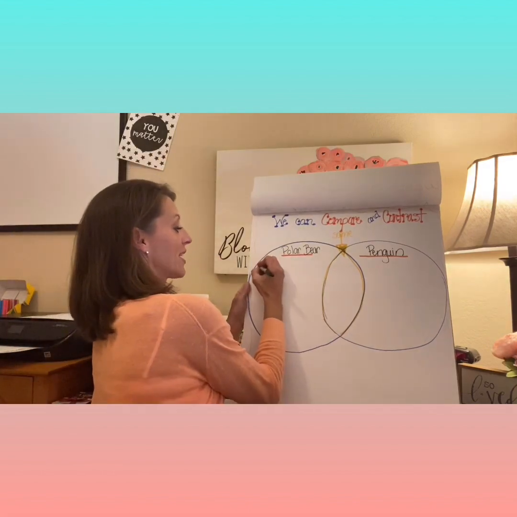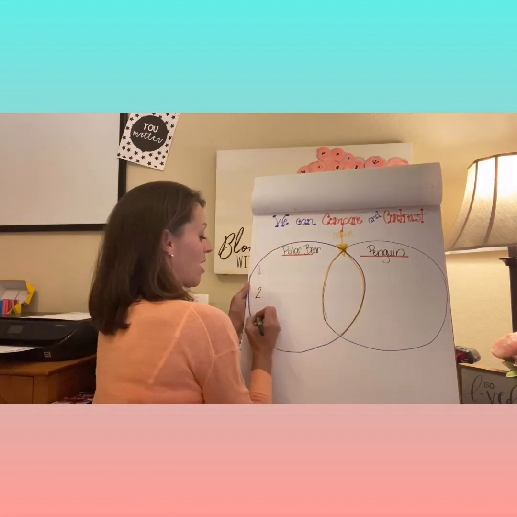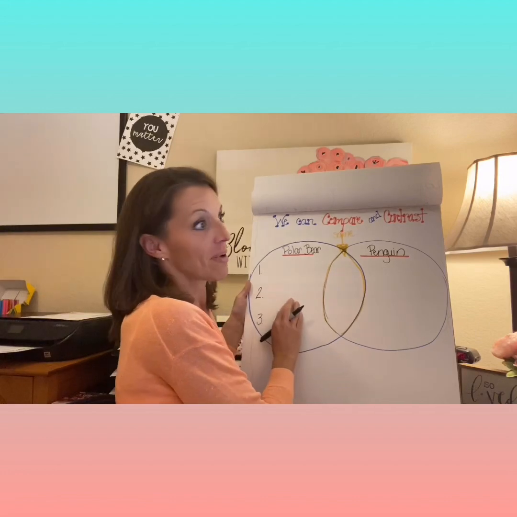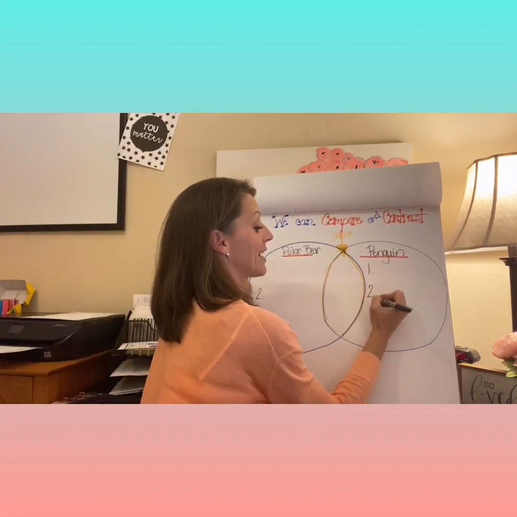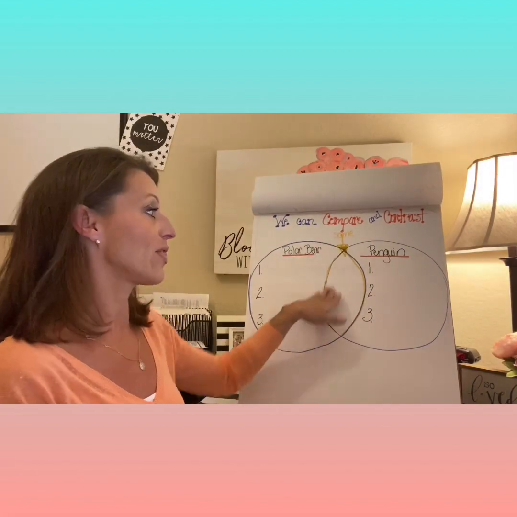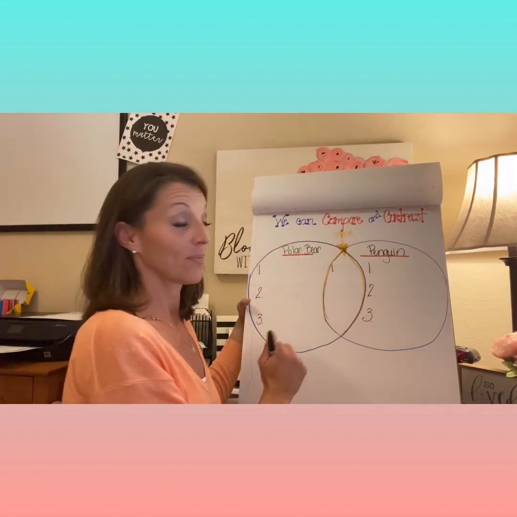But I want you to think to yourself, okay, I need three things about my first animal that only go with my first animal. I need three things about my second animal that only go with my second animal, and then three things about them that are similar, okay?